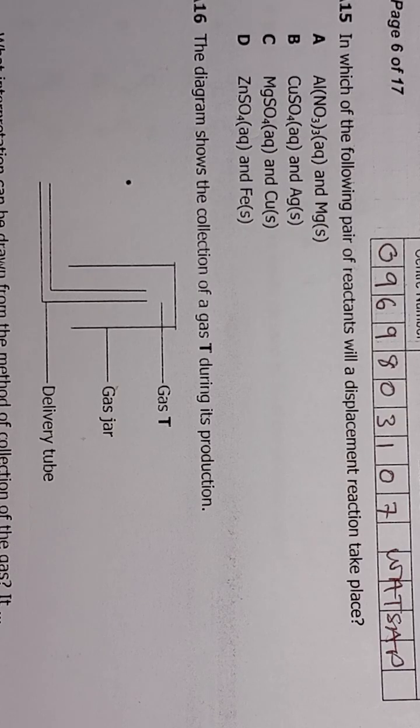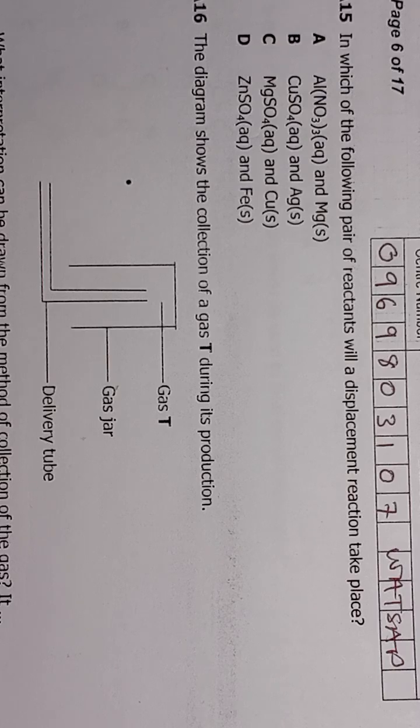Question 15. In which of the following pairs of reactants will a displacement reaction take place? Remember that a displacement reaction is a reaction in which a more reactive element takes the place of a less reactive element in a compound of salt.